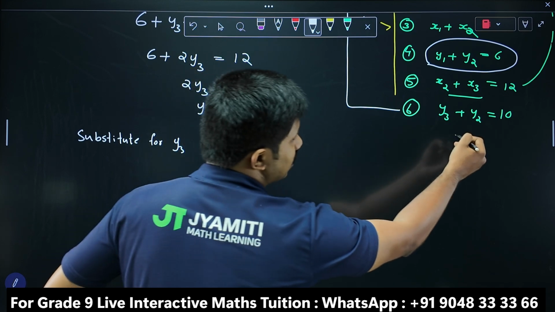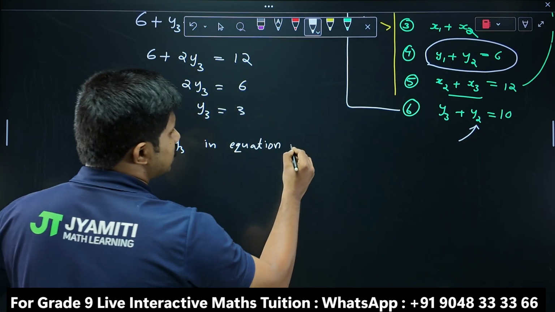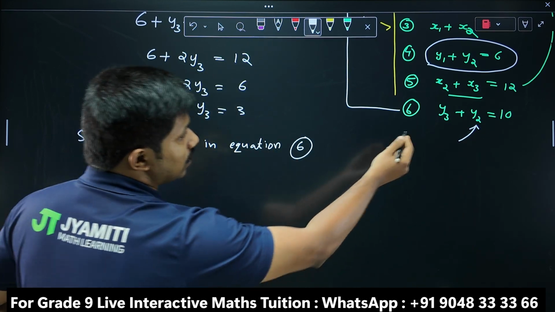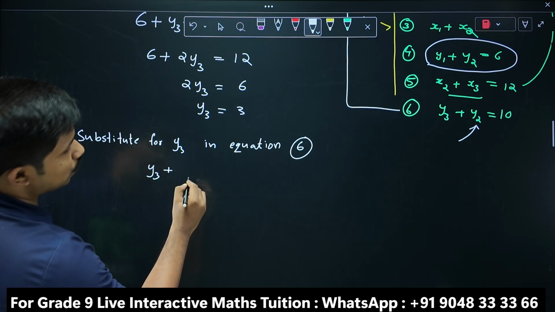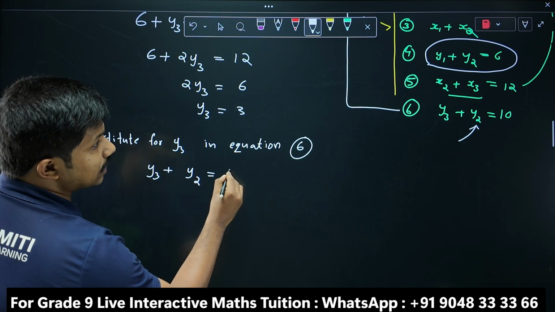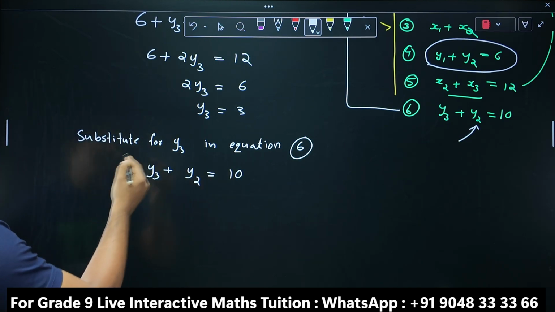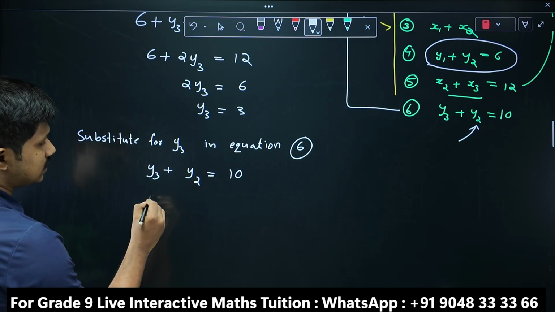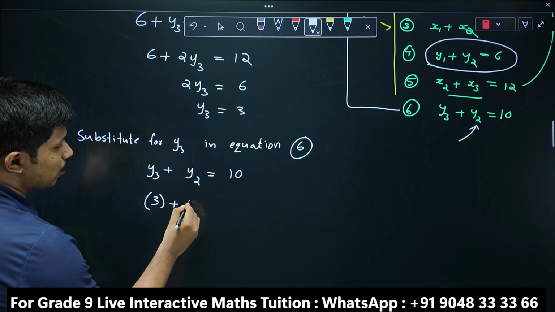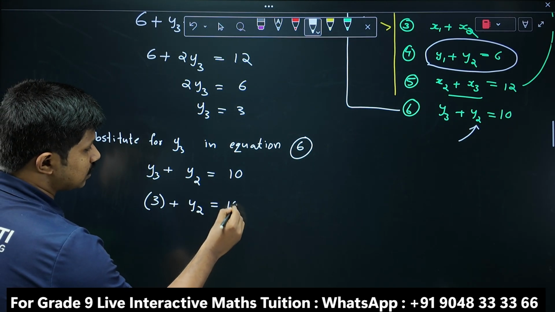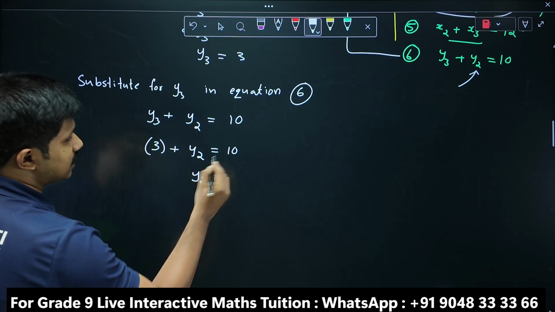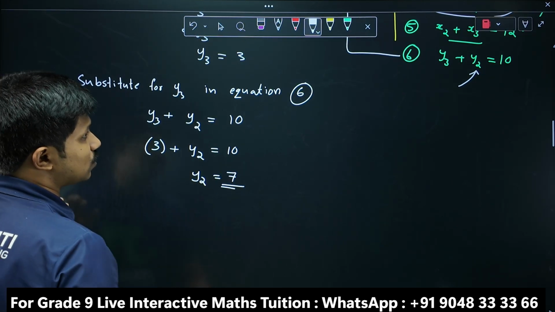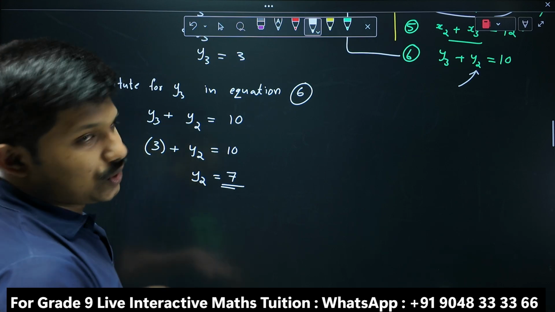Then you will get the y2 value. So in equation 6, y3 plus y2 equal to 10. Now you substitute the value of y3, which is 3, plus y2 equal to 10. You bring 3 to the right side, you will get y2 is equal to 10 minus 3, which is equal to 7. So you got y2 also.